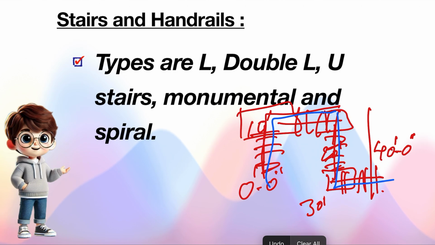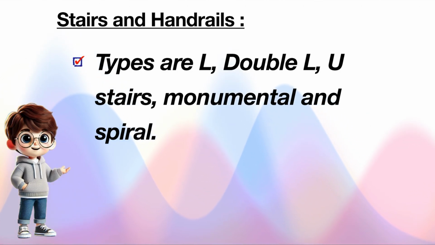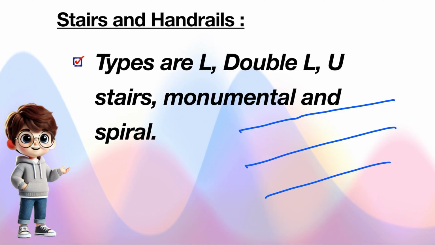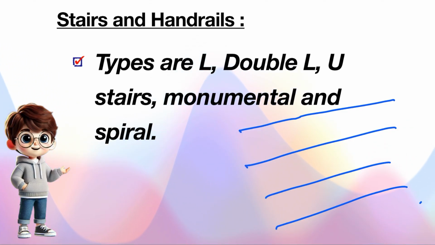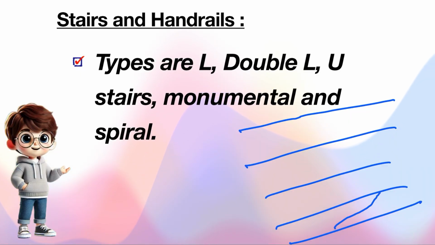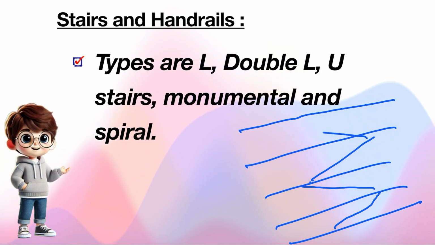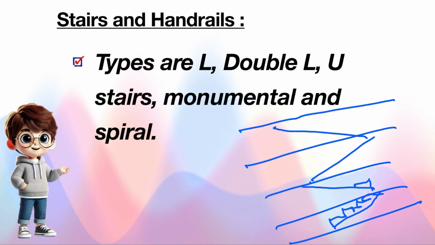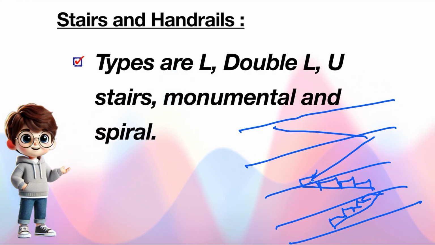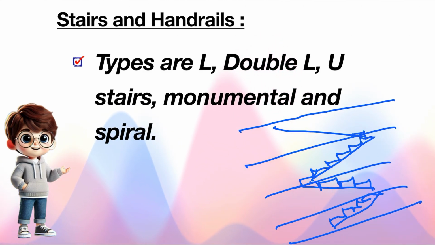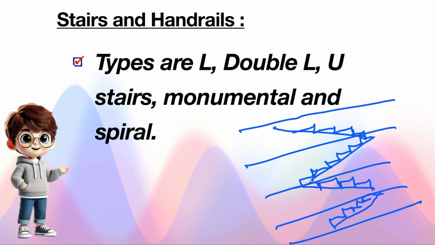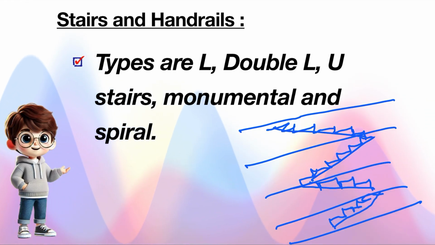And then U-shaped. U-shaped, you guys already know that. Let's say 5 floors are there and you need to go like this, like this, which means you need to make steps like this, right?